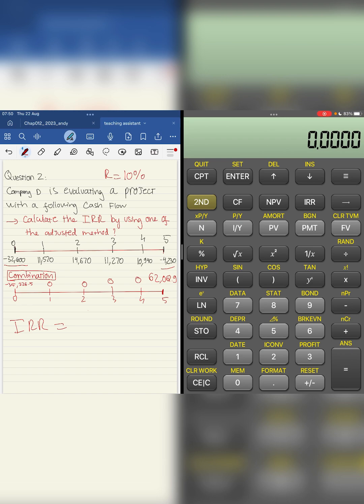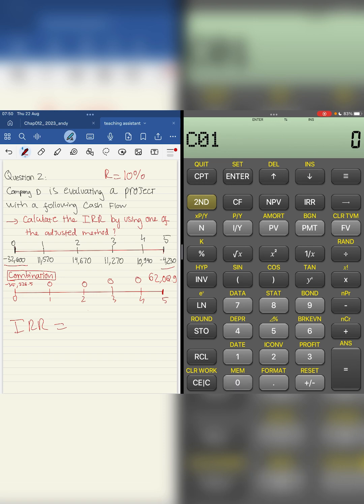It is much easier now to compute the IRR. We can also use the BA calculator to calculate the IRR, and we can do it like this. First step is to activate the CF function. CF0 is negative 35,226.5. Enter, go down. C01 will be 0.